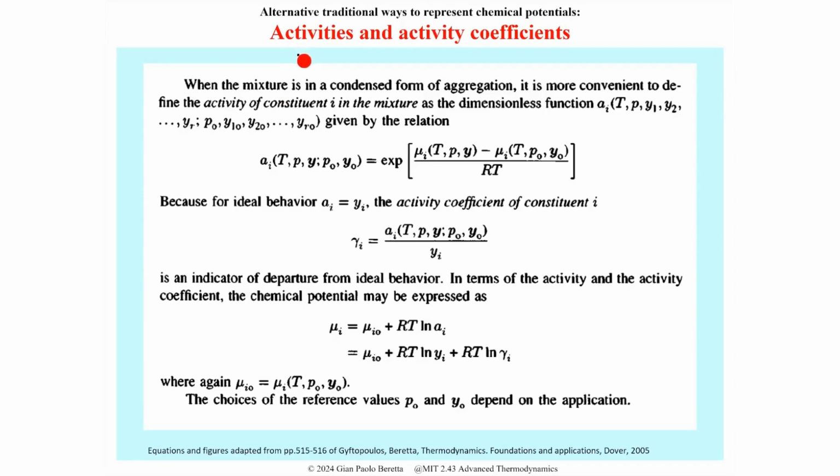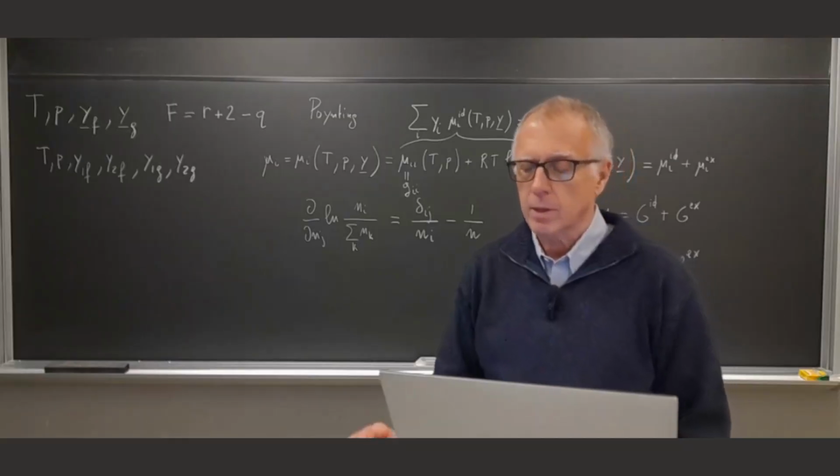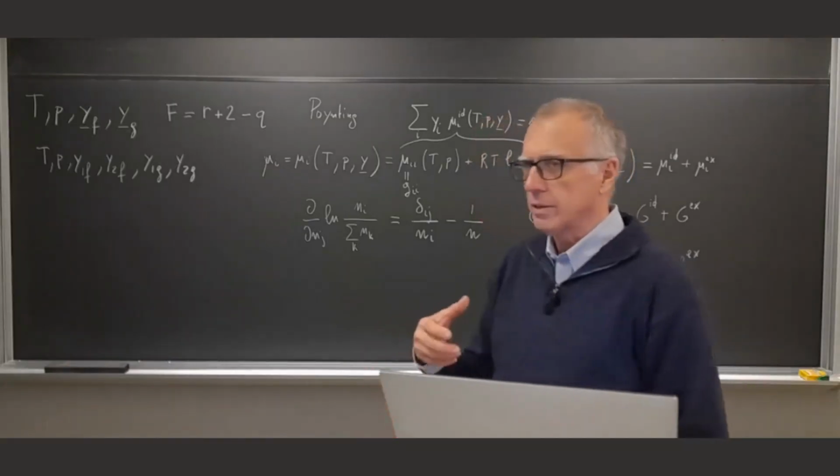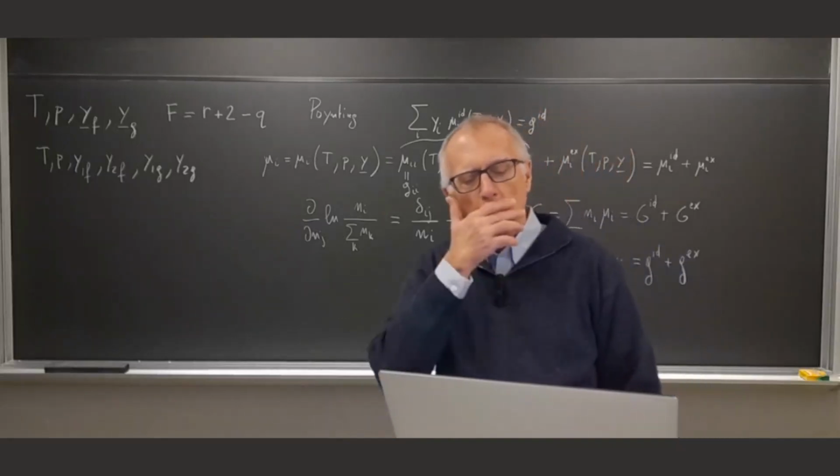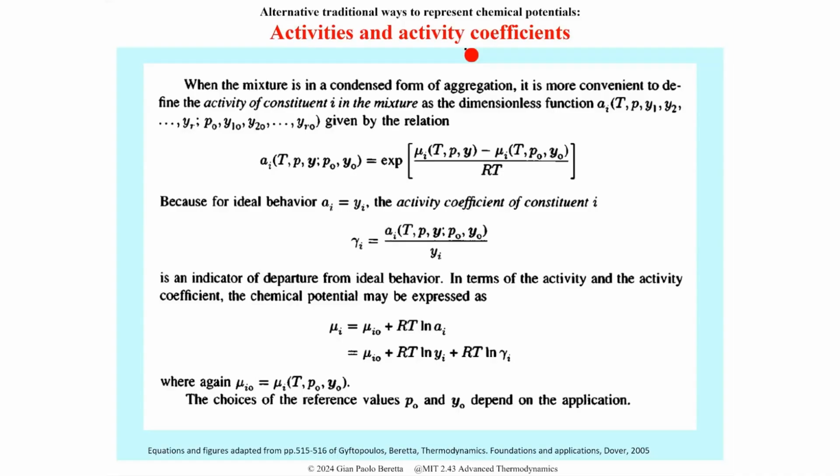These are called, for the condensed phases, we use activities and activity coefficients. It's just another way of writing the chemical potentials, so to speak.